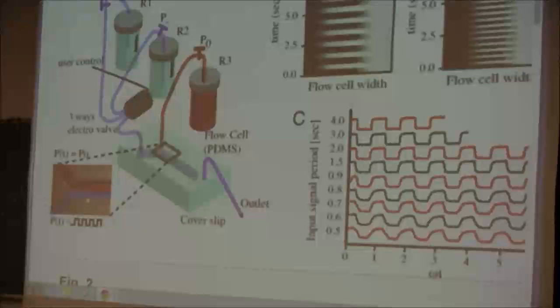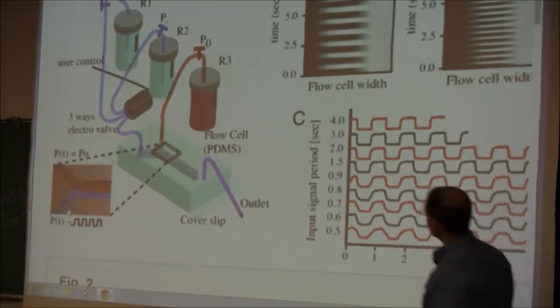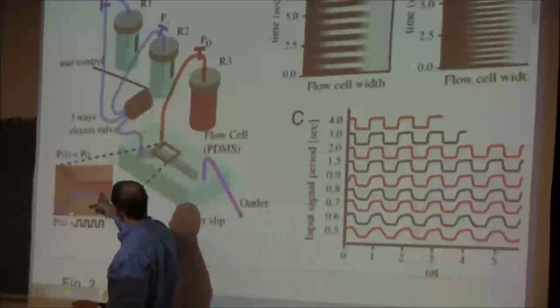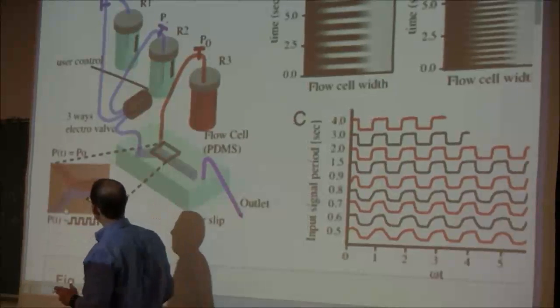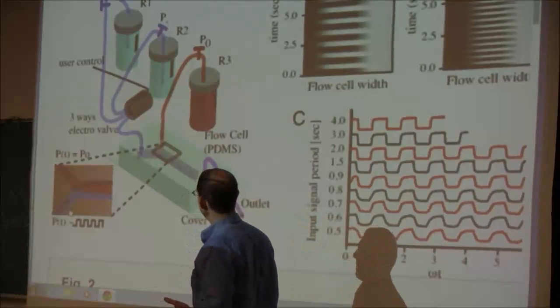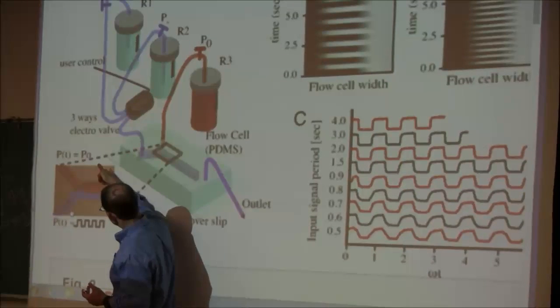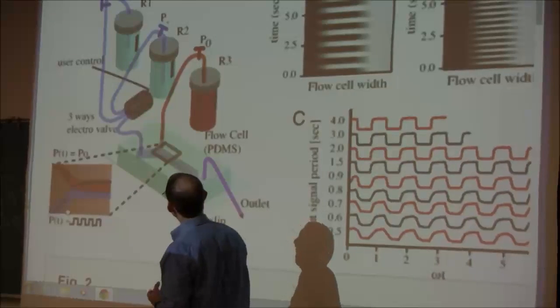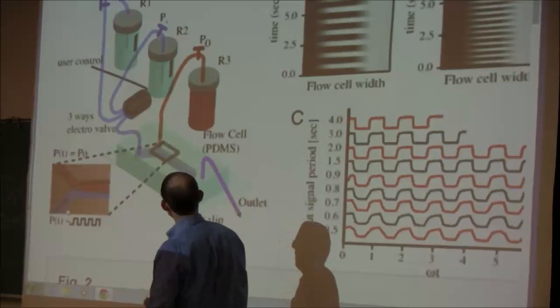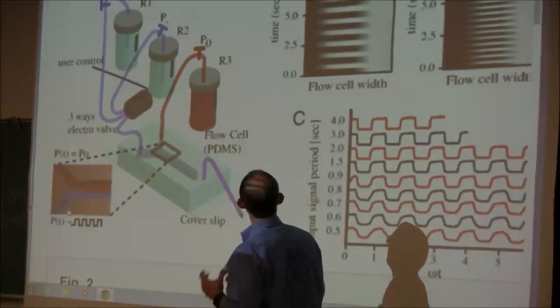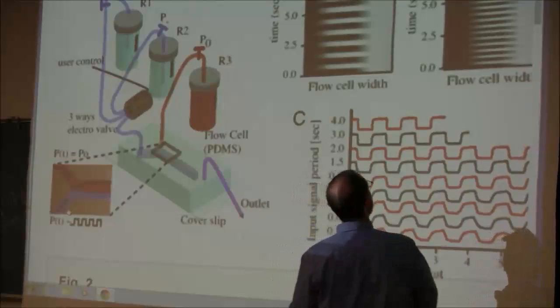So here's a close-up of the cells sitting here, and there's a red fluid and a blue fluid that are going in. And by changing the pressure, either the cell is filled mostly with red or mostly with blue fluid. And then this is just the mechanics to get everything going through. And then they have a microscope focused.